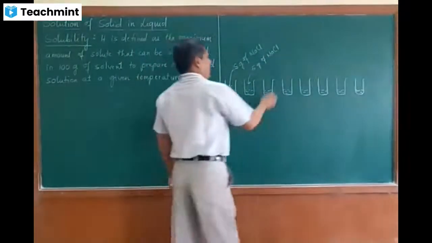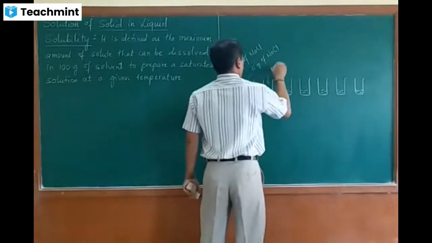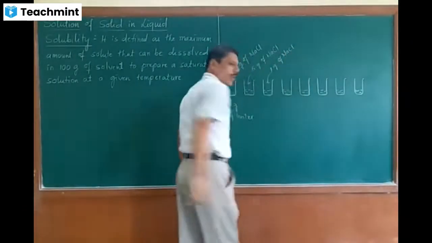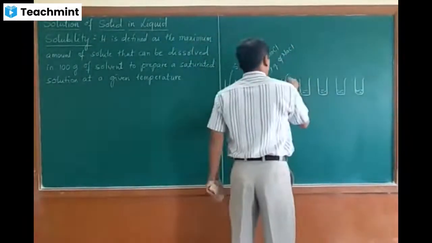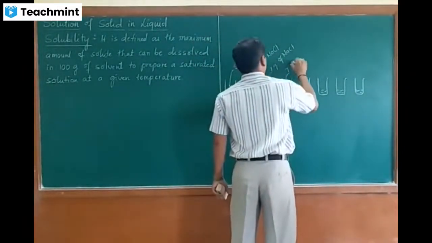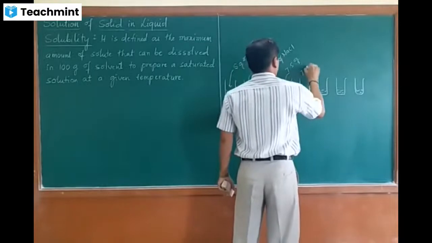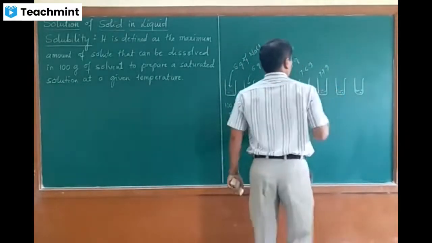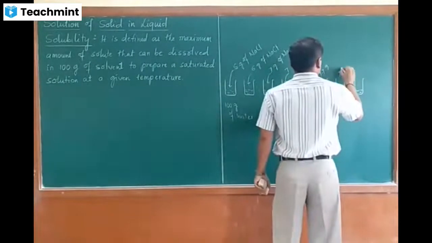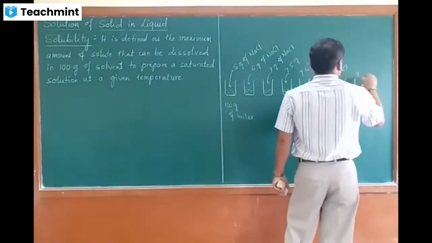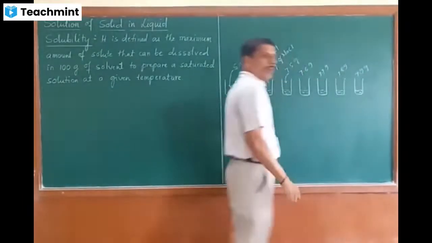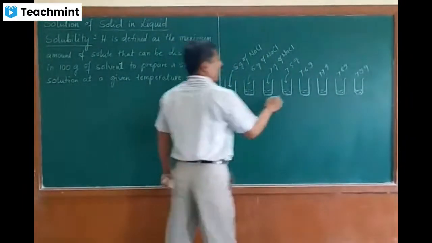Here let me add 7 gram of NaCl. Here let me add 7.5 gram, 7.6 gram, 7.7 gram, 7.8 gram, 7.9 gram, like that. See, this is all dissolved.